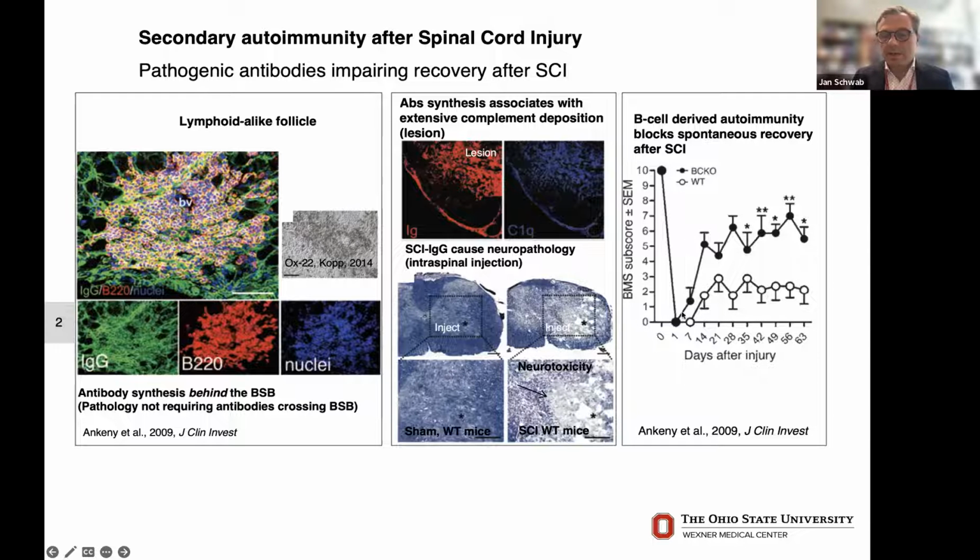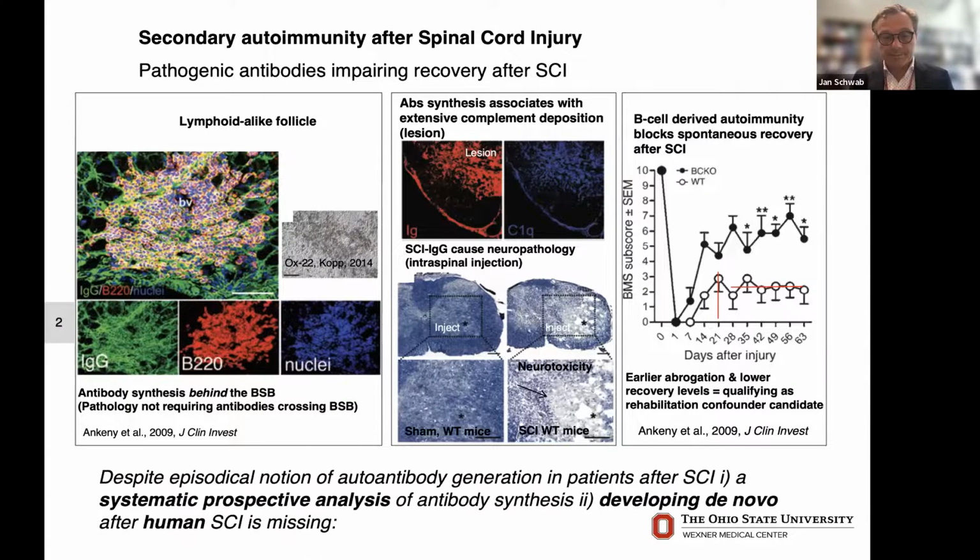One can see that these B-cell deficient mice do much better after spinal cord injury, and by contrast, these wild-type animals show earlier abrogation and just reach lower levels of functional recovery, qualifying with that as a potential rehabilitation confounder as being transmitted by the development of antibodies.